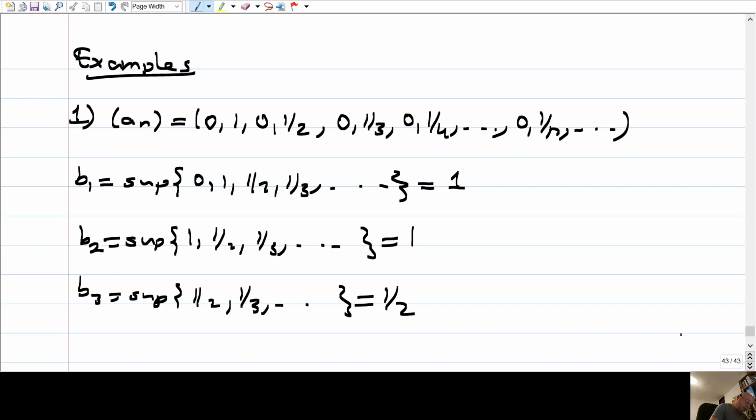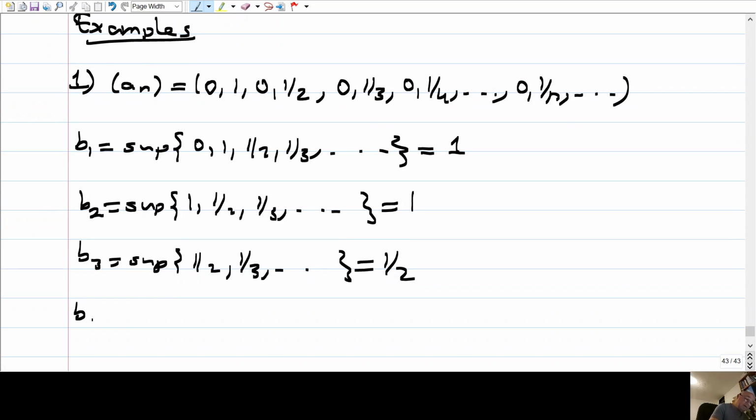And you see how it will go, right? So this will be the supremum of what? Nth element. Well, actually, here I should also have 0, right? Because I start from the second element, so it's B1 and then 0. So 0 is here also. 0 will be in each of them.